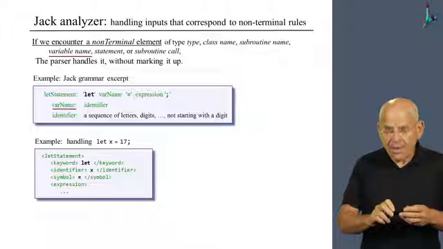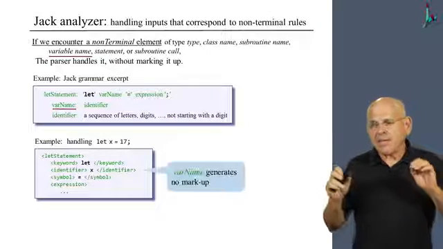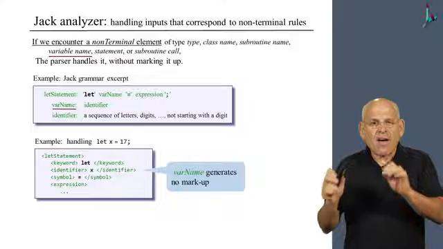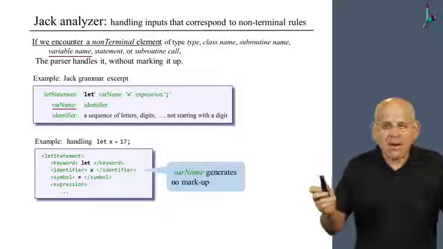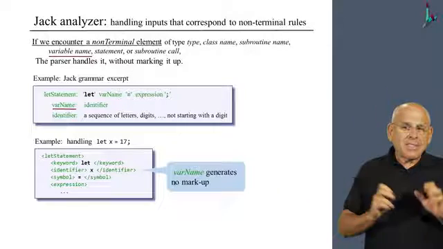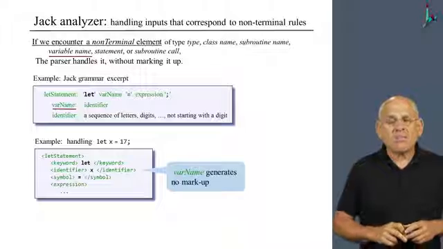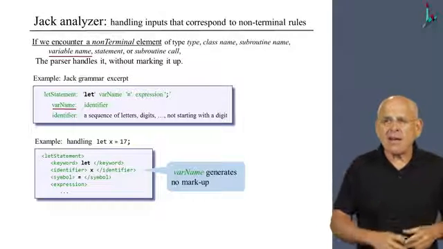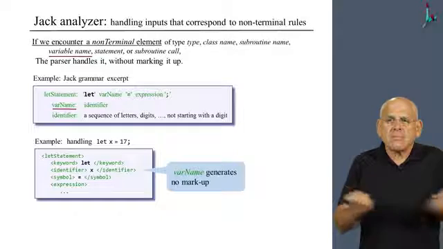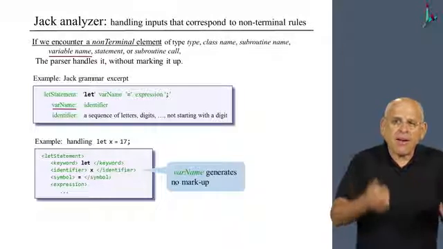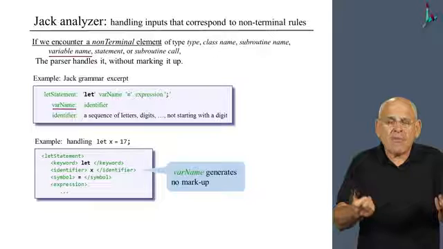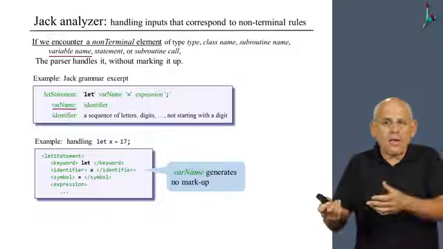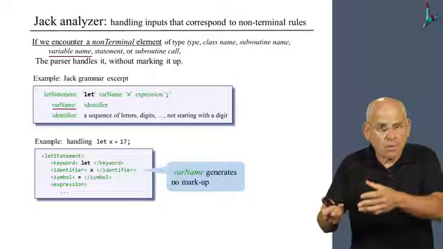So once again, just notice that the var name rule generates no markup, and we decided to do it because some of these rules, the rules that are mentioned here, are very simple. For instance, var name is just the name of a rule whose body is the name of yet another rule.